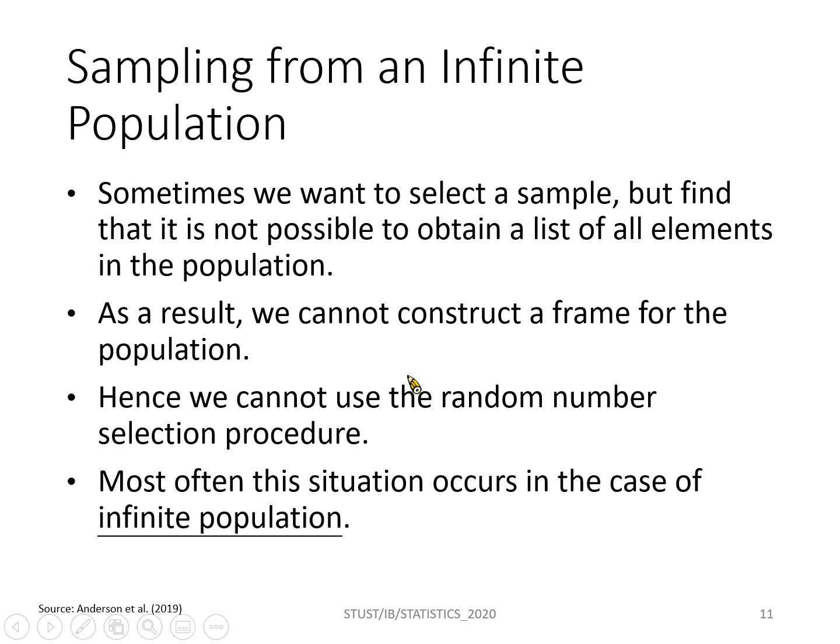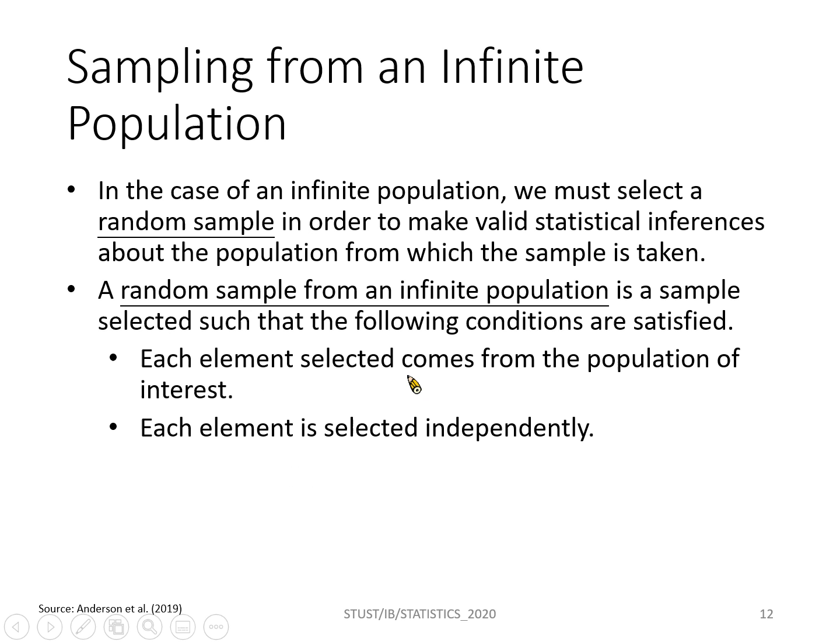And in such a condition, we cannot use random numbers to select our sample. In such a situation, we call it an infinite population. In such a case, we must select a random sample in order to make valid statistical inferences about the population from which the sample is taken.